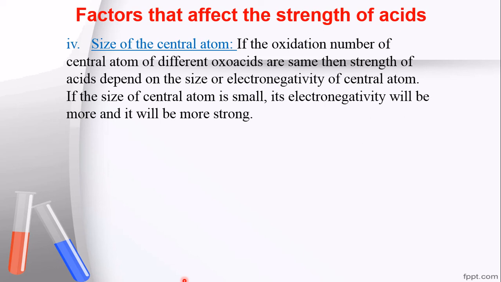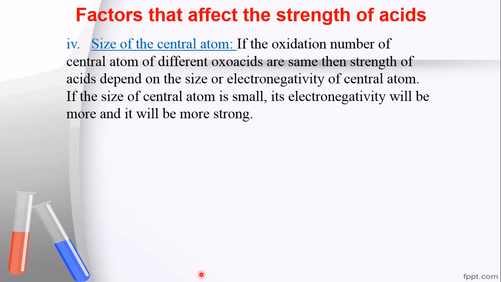If the size of the central atom is small, then you know its electronegativity will be more. And if the electronegativity of the central atom of an acid is more, then this acid is a stronger acid than the other.